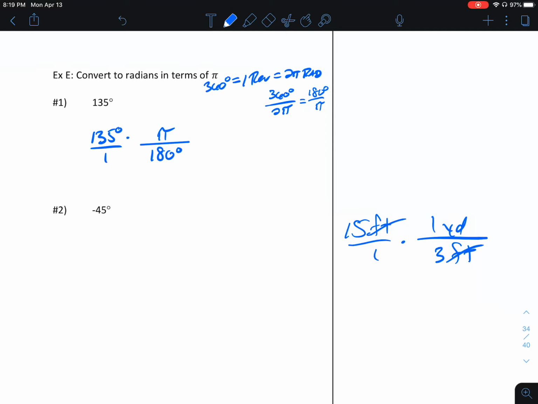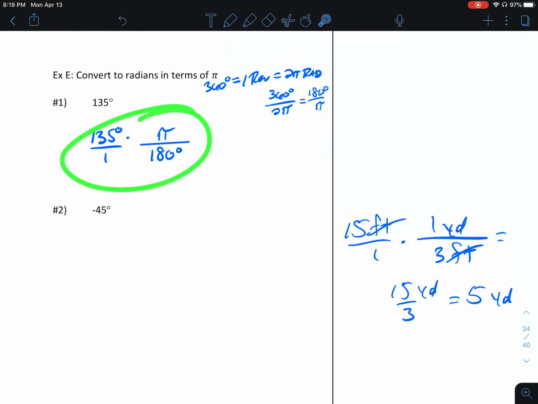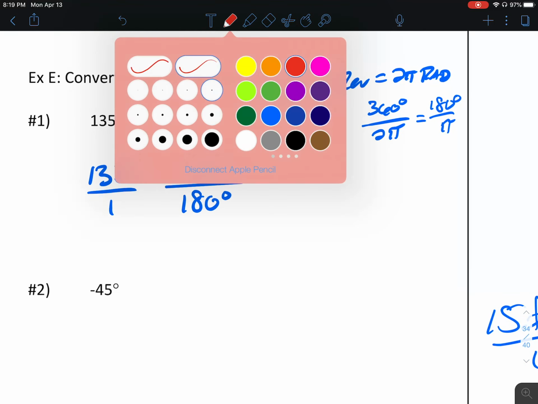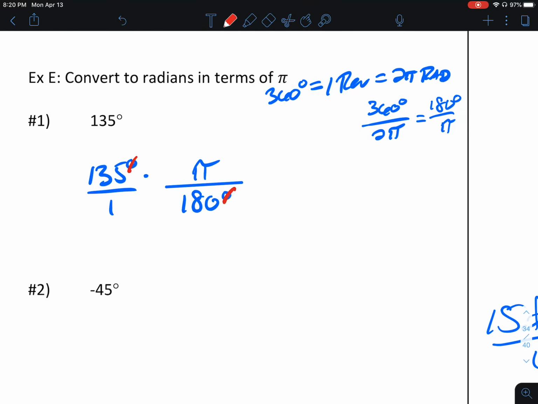Feet cancel. So this is going to give you 15 yards over 3, and that reduces to 5 yards. 15 feet is the same thing as 5 yards. This concept is the same. It's dimensional analysis. We're dividing the top and bottom by degrees so they cancel.